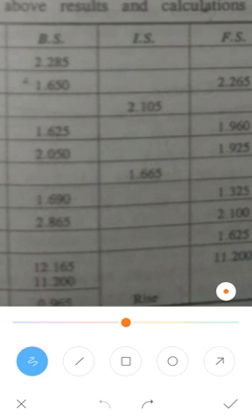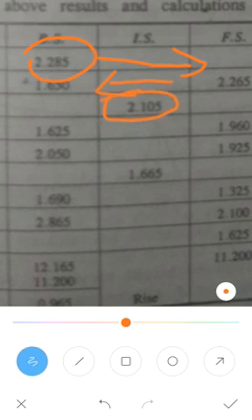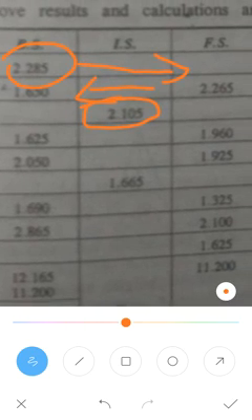Okay, so first is this one. Then they have moved to this station. After taking this, the instrument has been changed, so again they have taken the backsight reading. After taking the backsight, you will get this intermediate sight reading. Immediately after that, again there is a backsight as well as a foresight.